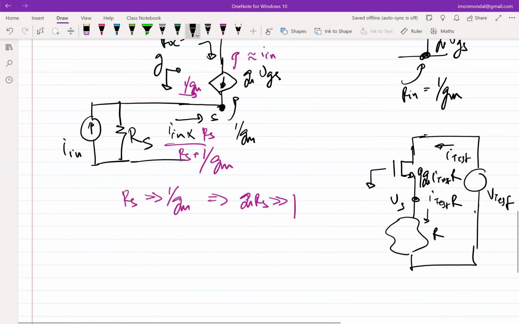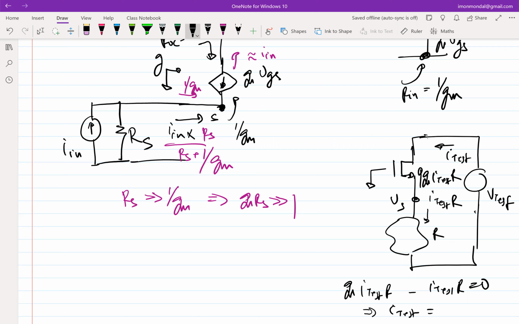So if I do a KCL at that node, what do I get? gm times I test times R minus I test times R is equal to 0, which means I test is equal to 0. So you have applied a voltage source and you are not getting any current, which means the output impedance is infinite.